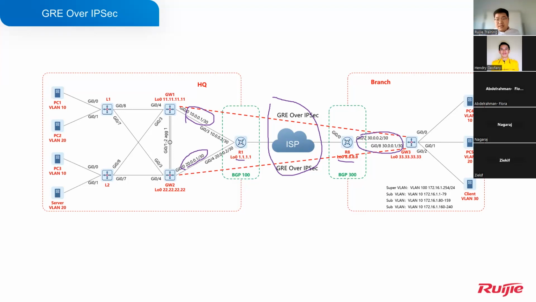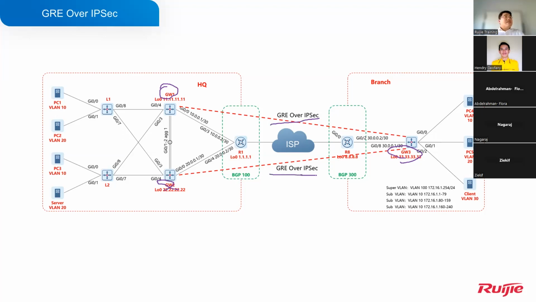So by using BGP, we achieved that GW1, GW2, GW3 can communicate with each other. This is why we use BGP. And since they have communication between each other, we can establish the GRE over IPsec.